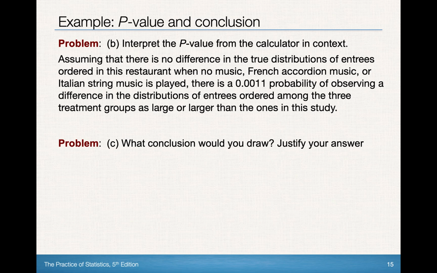What the calculator is asking for when it says expected is, where do you want me to store the expected values that I'm going to calculate? The calculator right now is going to store the expected values in matrix B. And when you hit calculate, you'll see it gives you a chi-squared value, a p-value, and degrees of freedom, which are the exact same values that you came up with by hand.